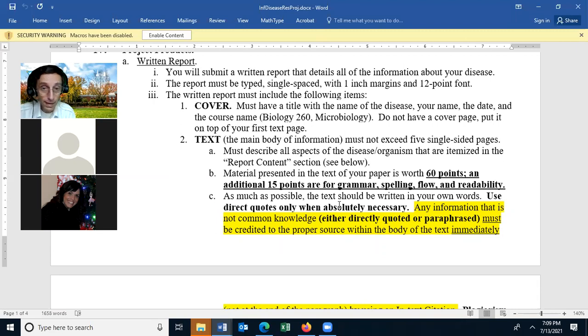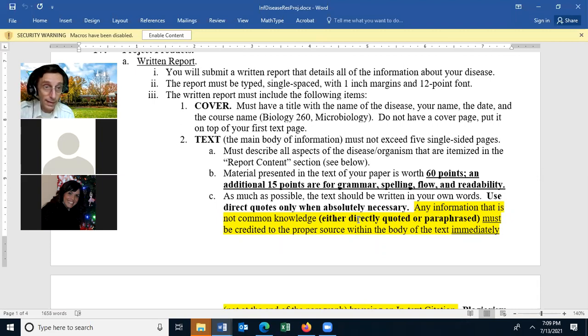So anything that is not common knowledge, you must give an in-text citation. If you're repeating in the paragraph items which are not common knowledge, you do not have to give an in-text citation after each sentence. If it's one after the other, you can put a citation at the end of the paragraph for the entire paragraph.